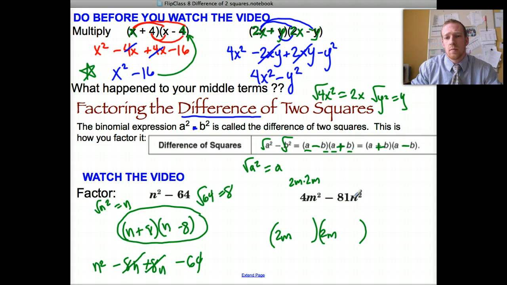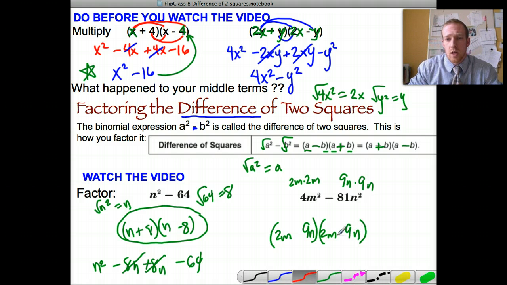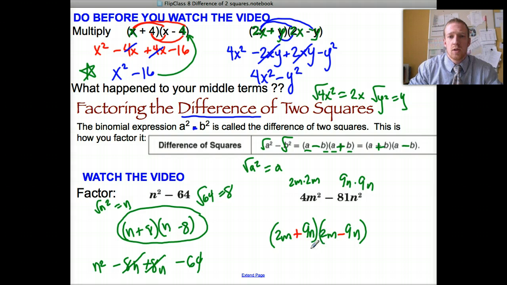What's the square root of 81n squared? That's 9n times 9n. So the square root of 81n squared is 9n. And just make sure that you have one sign negative, one sign positive.